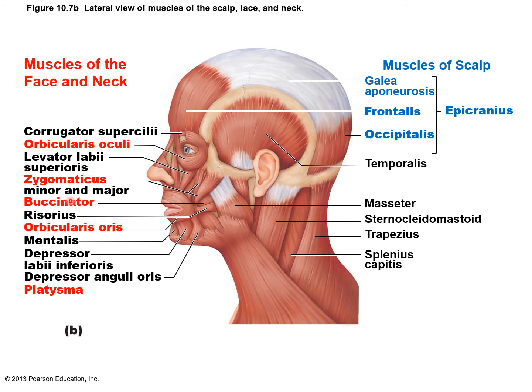The buccinator makes up a lot of the cheek. And you can see it here. It's kind of embedded in another muscle. But what it does is when it contracts, it brings the cheeks inward, so it simulates that sucking action. So that's the buccinator, or called the sucking muscle. The orbicularis oris, also on your list. That's a circular muscle that purses the lips, and it's called the kissing muscle for that reason.